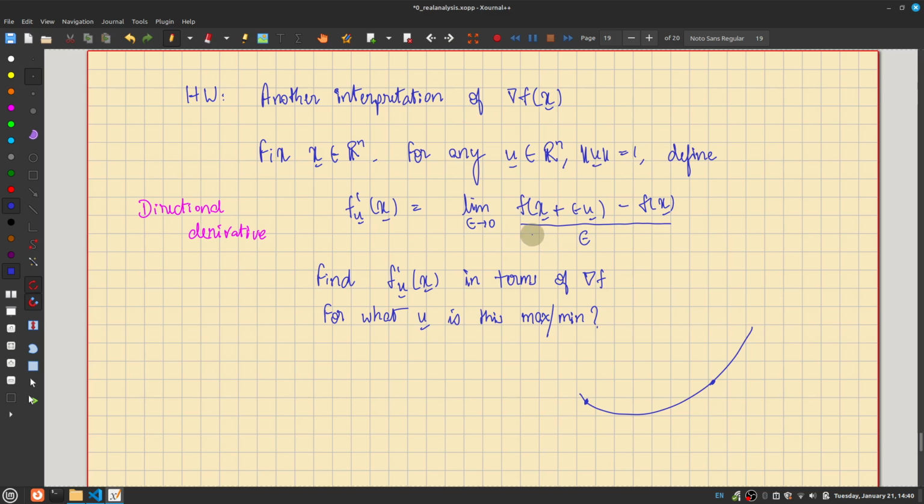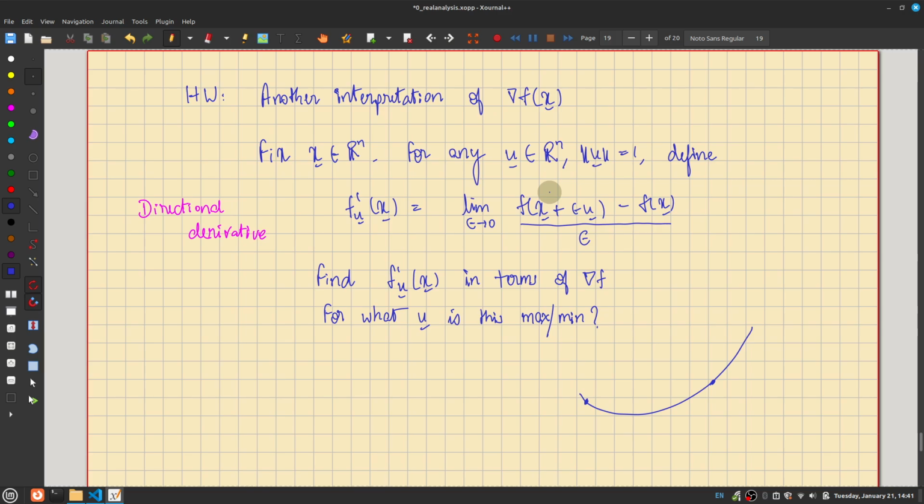So this gives the directional derivative, and this depends both on the point at which it is evaluated and also the direction along which it is evaluated, right? So if you fix a given point, you can look along all possible directions around that point and see along which direction the derivative is maximum or minimum.